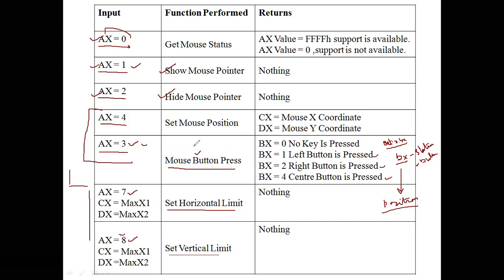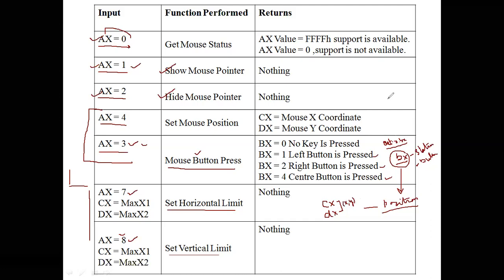One is the status of the button with the help of the BX register, and the position using two other registers called CX and DX. CX and DX hold the position value in terms of X and Y.